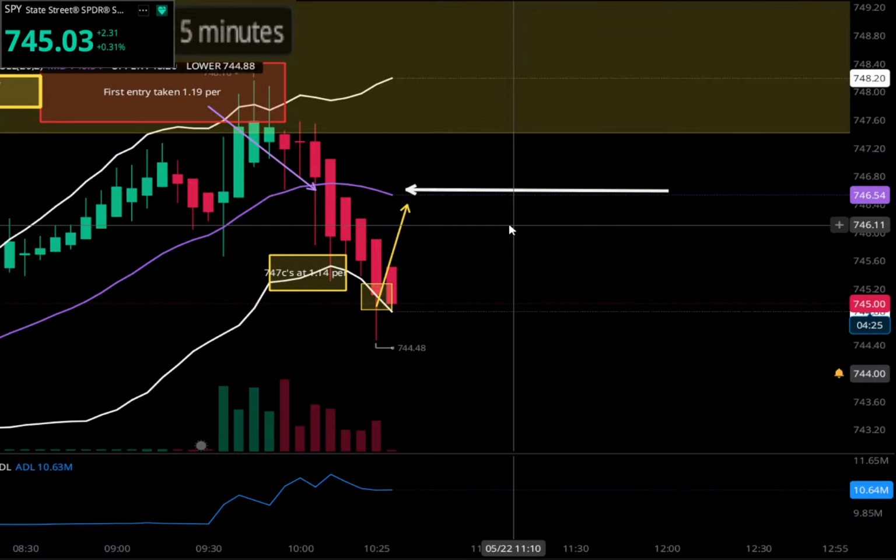Not trying to go for any home runs or trying to make any determinations about anything. We're just trying to follow the 4 basic rules here. Okay, because they are back tested. They do have literally thousands of trades behind them supporting them.